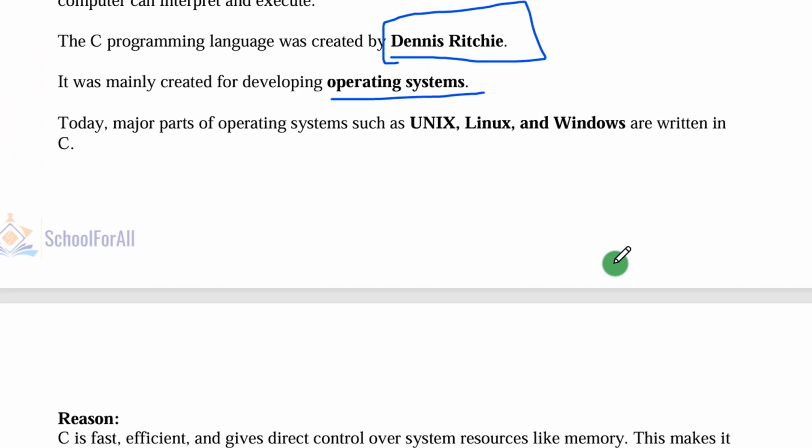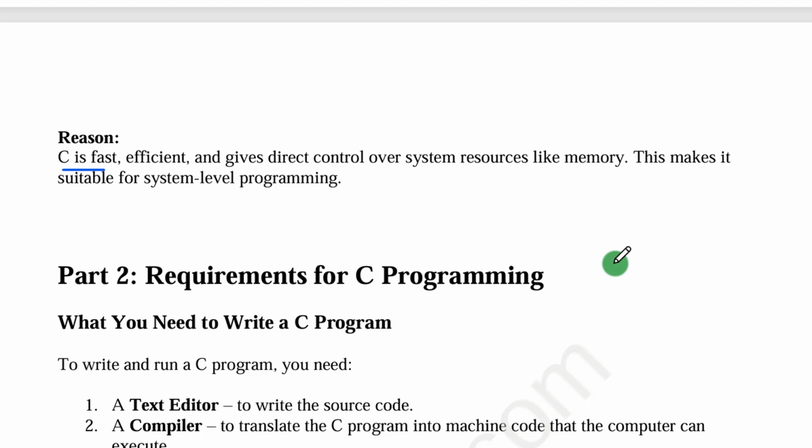And C is very explicit. When I say explicit, it simply means everything you want to do in C, you need to write all the code, or you need to specify all the instructions that will permit you to solve your task, compared to other programming languages where there are some predefined functions already existing that you just use for your task. You are not writing all the instructions line by line to solve your task.